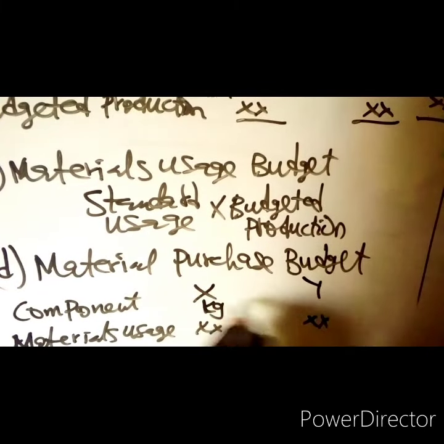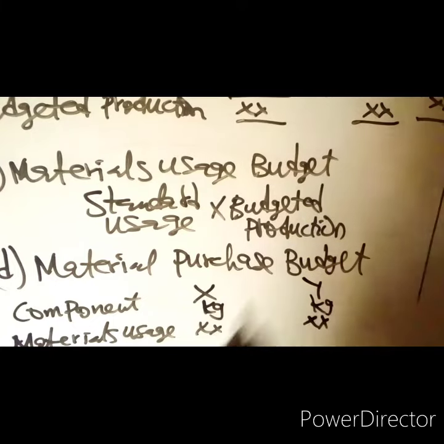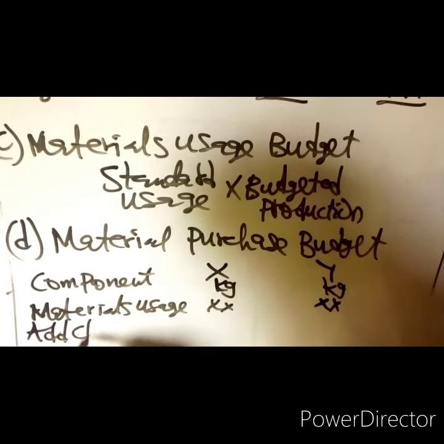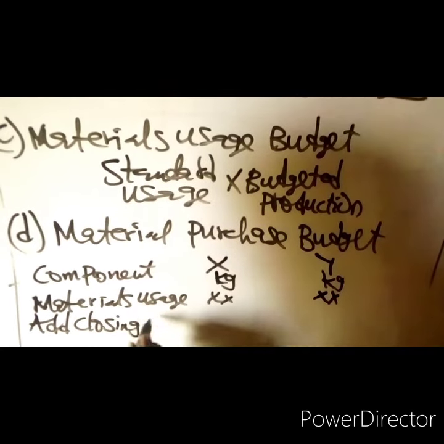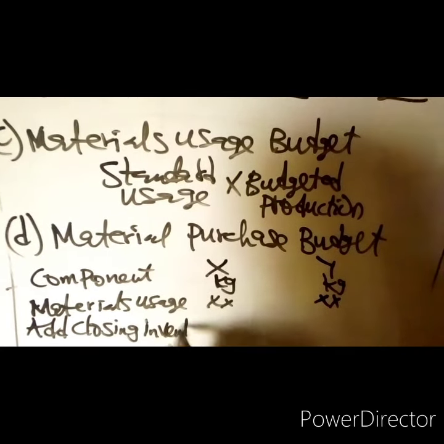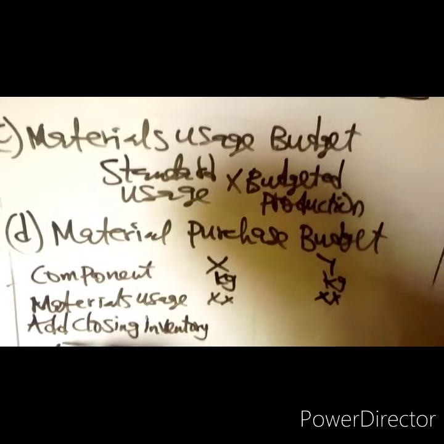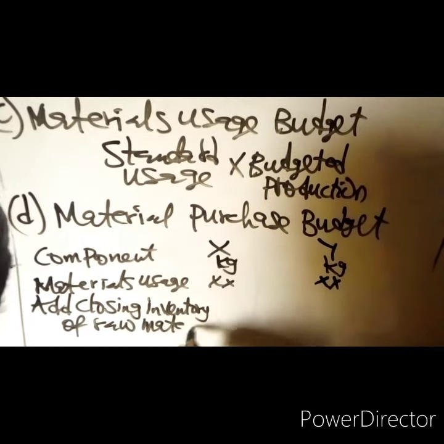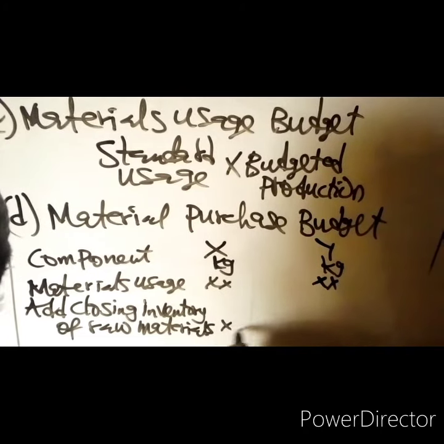It could be in kg or other units. You now add closing inventory of raw materials.